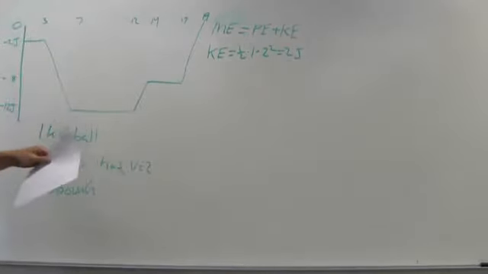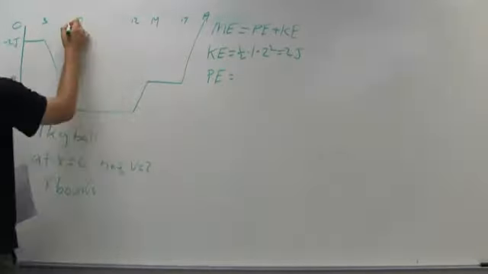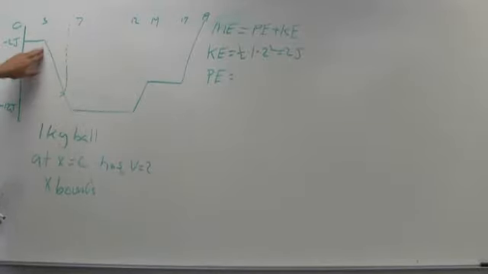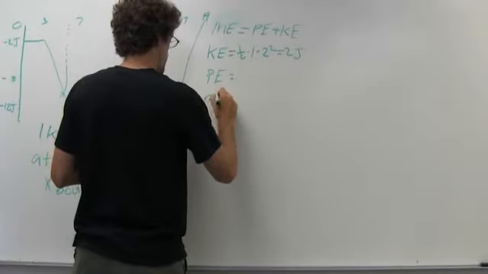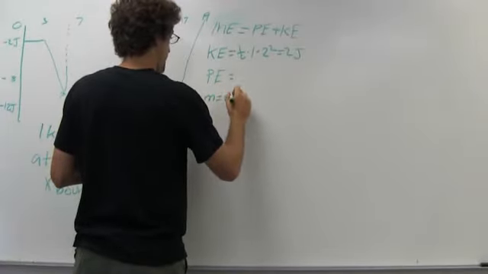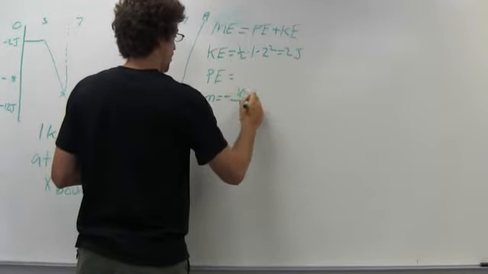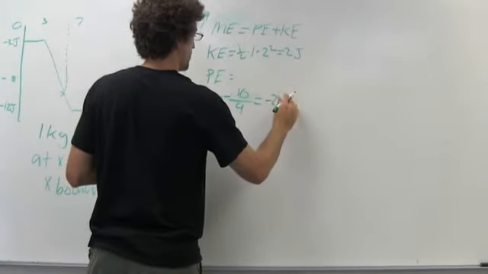The potential energy is a little bit interesting to figure out here. We need to know what the potential energy is right here. And the only way to do that is to figure out the slope of this line. Now we know it goes from -2 to -12, which means that the slope is -10 over 4, which gives us -2.5.